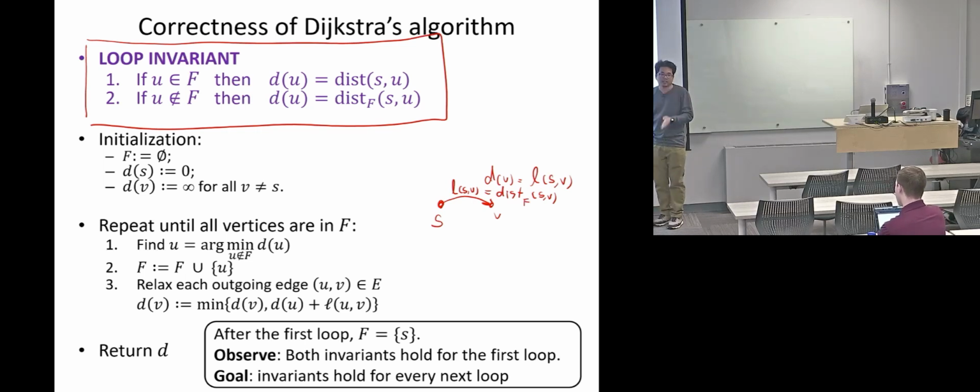Now the next goal is to say that the invariant keeps holding after each next loop. If this is the case, then at the end it's going to be true: everyone is finalized and we are done.